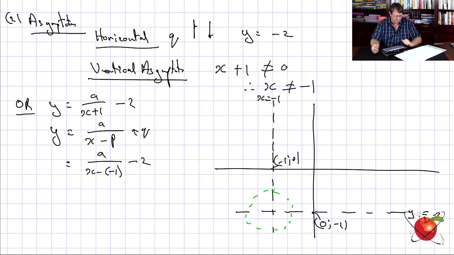You think of it as target shooting. The target moves, you move your crosshairs to the center of the new target. This is the center, right? And what is the coordinate of that point? But you know them. Minus 1 and minus 2. There they are, because it's where the two asymptotes cross.